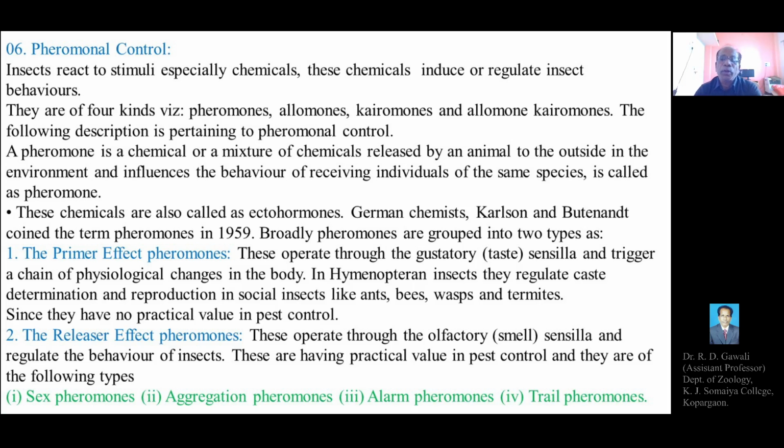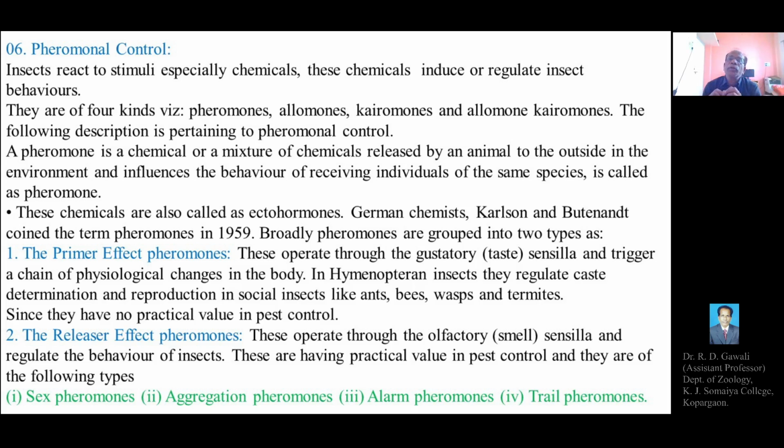Then another fourth type of pheromone, that is trail pheromones. So trail pheromones are again certain chemicals produced by one of the members of the insect which moves forward, and these trail pheromones may be in the form of an intermittent or continuous line of the chemical produced and secreted behind the particular organism, in the form of a line or intermittent spots or maybe a continuous line, so as to indicate the particular way to reach the particular spot or its final destination.